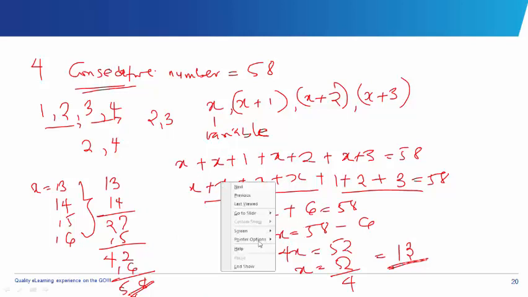Okay, let's take the next word problem. It says, Bola and Peter share 54 kobo so that Peter has 8 kobo less than Bola.